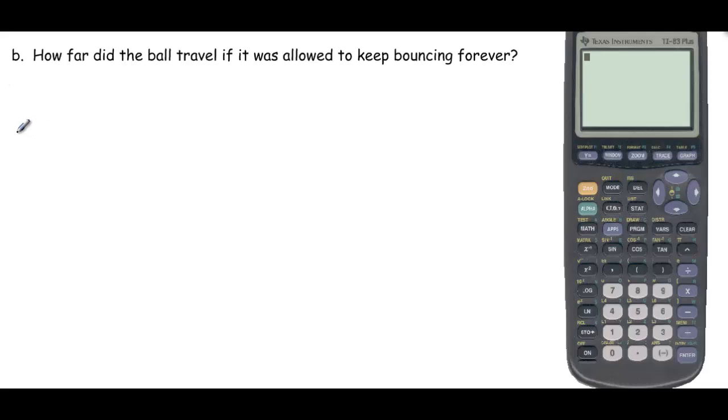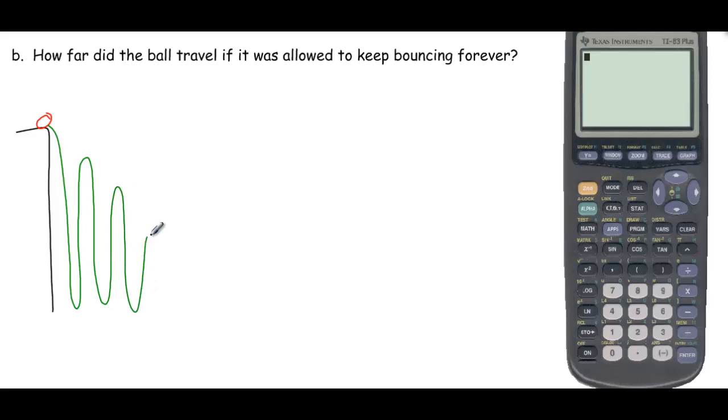So if we think about what's happening here, in theory, the ball would bounce, bounce, bounce, bounce, bounce, bounce, bounce, and eventually we get so slow. Now we know in real life it would eventually stop bouncing, but eventually the bounce would be so small that it would basically look like it's sitting still, kind of like our infinite geometric series that we just dealt with.